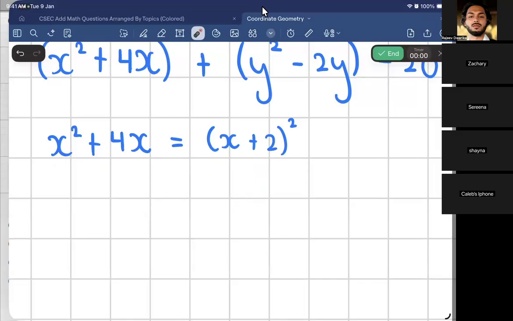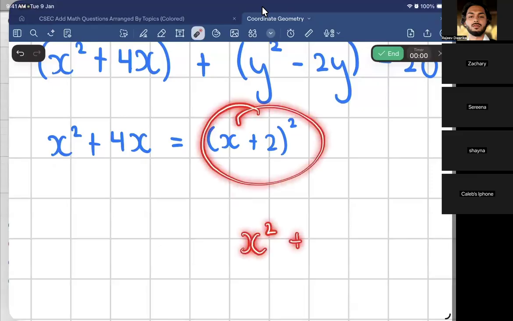But Zachary, look at this with your own eyes. x squared plus 4x kind of looks similar to this. Just by looking at it, you're tempted to say x squared plus 4, and you see x squared and you'll get 4 somehow. I hope I'm not confusing you.